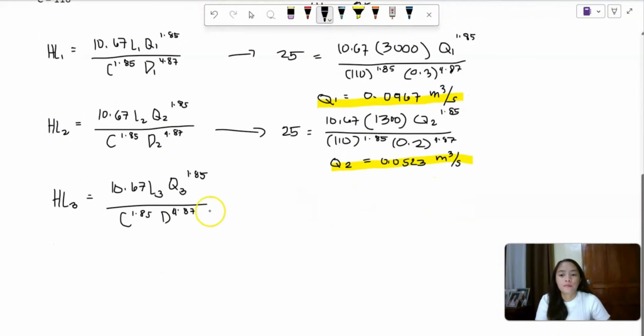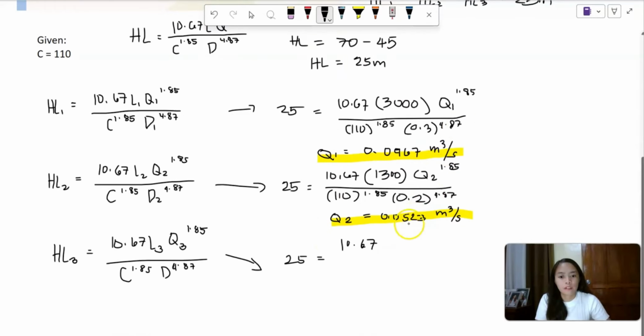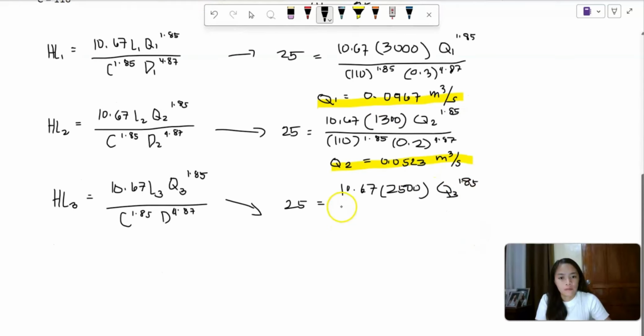And lastly, for the flow rate in pipeline 3, HL again is just equals to 25. So 10.67 times the length of pipeline 3, which is 2,500. Then Q sub 3 raised to 1.85 all over C, which is 110, raised to 1.85.